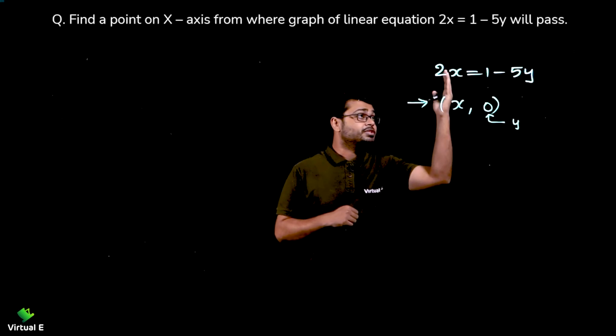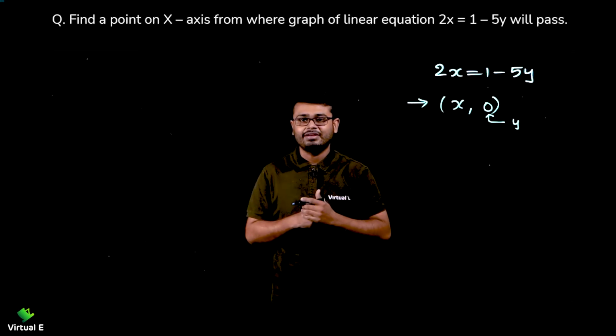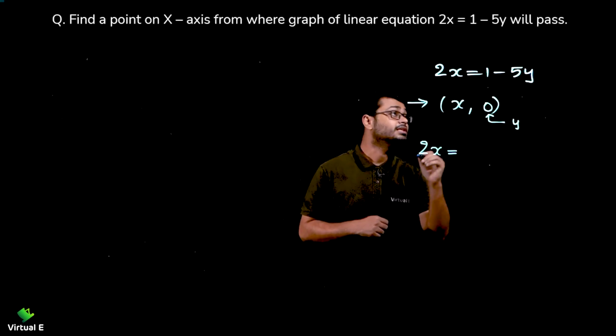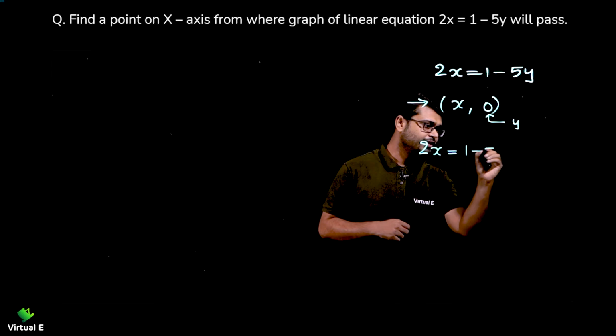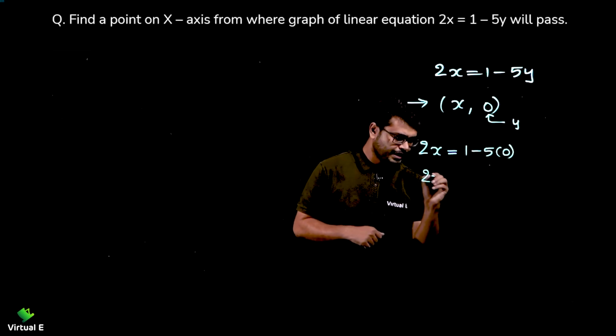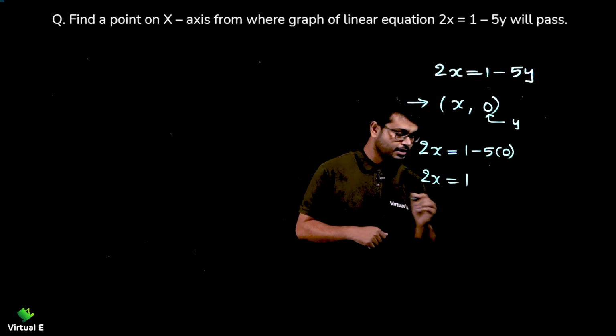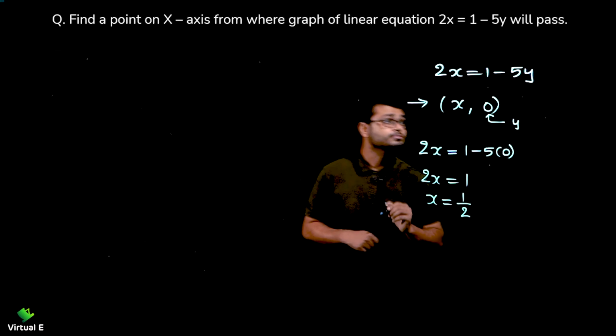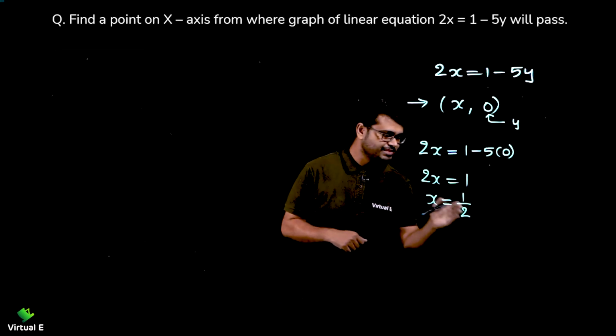So can we substitute this value and get the value of x? 2x = 1 - 5 times 0. Now 2x = 1, x = 1/2. That's the value of x.